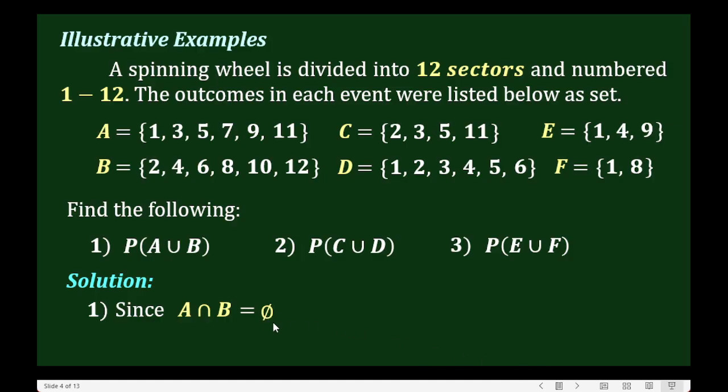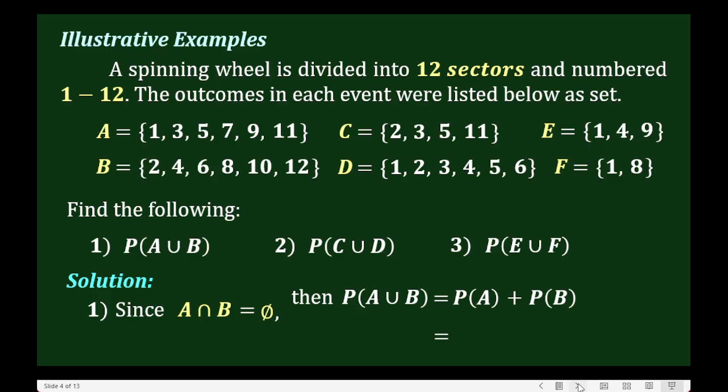You can also use open and close braces to denote an empty or null set. So what does this mean? Events A and B are mutually exclusive. Therefore, the probability of A union B is equal to P of A plus P of B.